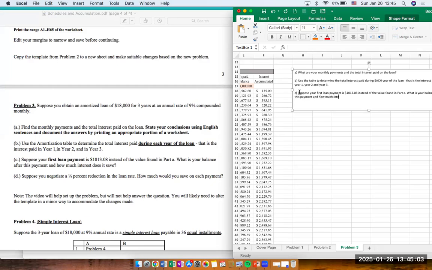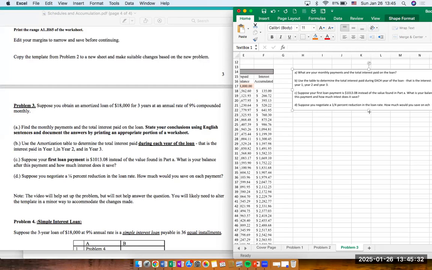How much interest does it save? And D, suppose you negotiate a 1/4% reduction. So your rate is going to reduce by 1/4 in the loan rate. How much would you save on each payment?